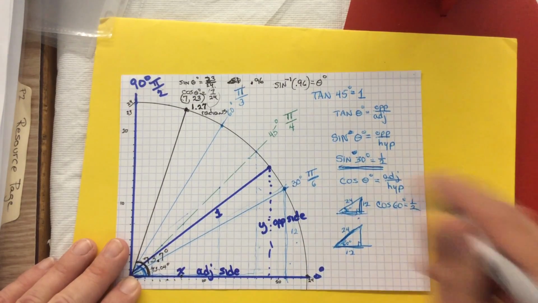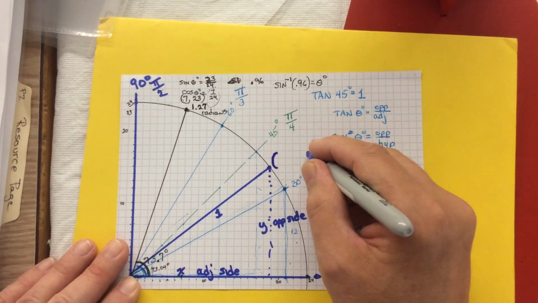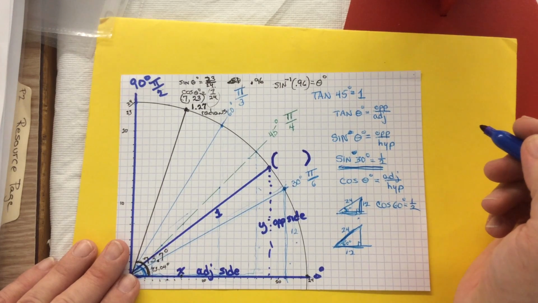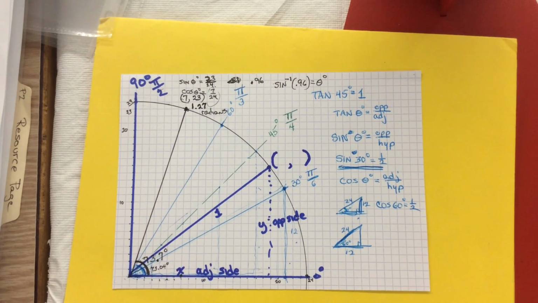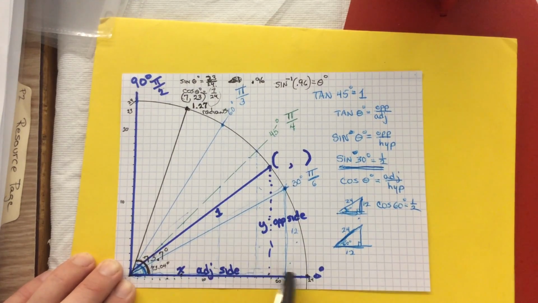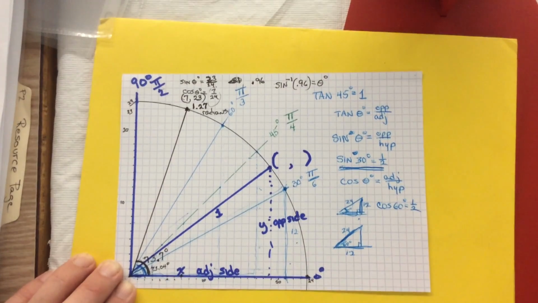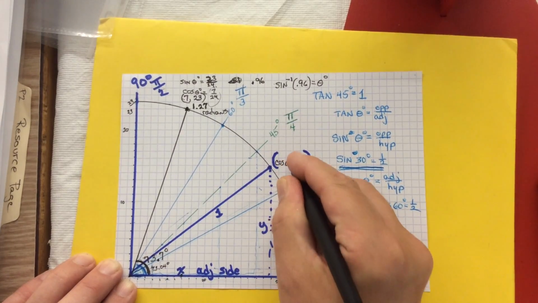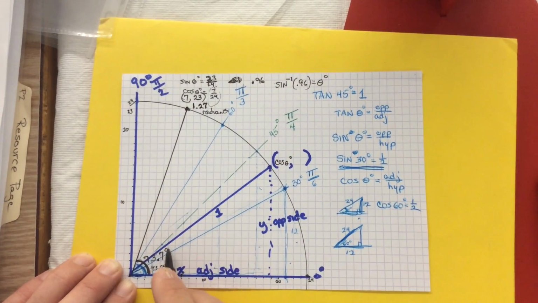Well, guess what? That means that the coordinates of this, which normally we would have said were x, y, here we go. This has to be x, which is the same as x over 1, which is the same as adjacent over hypotenuse, which is actually the same as the cosine of theta, which would be this angle right here.